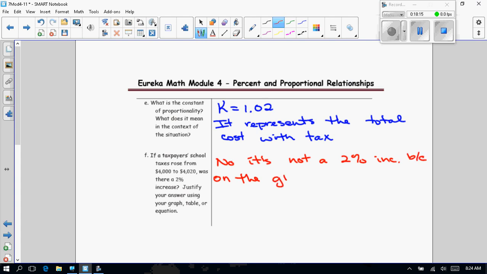On the graph, 4,000 becomes 4,080, not 4,020.